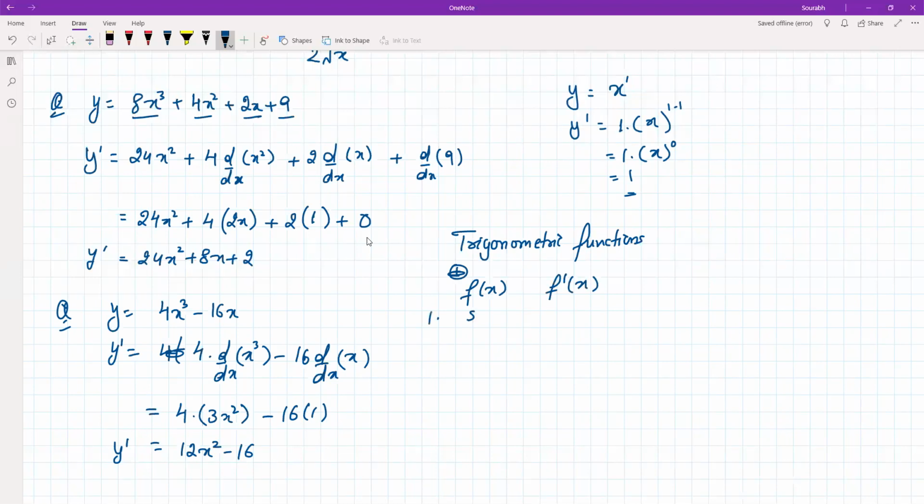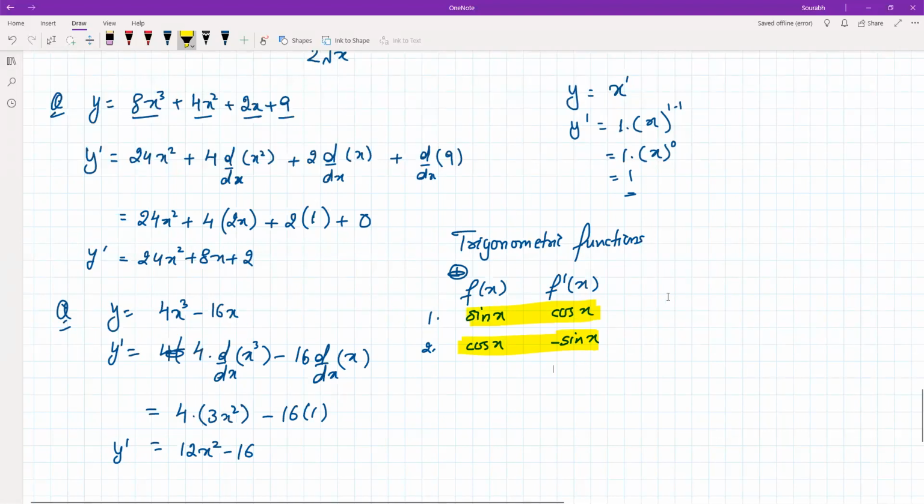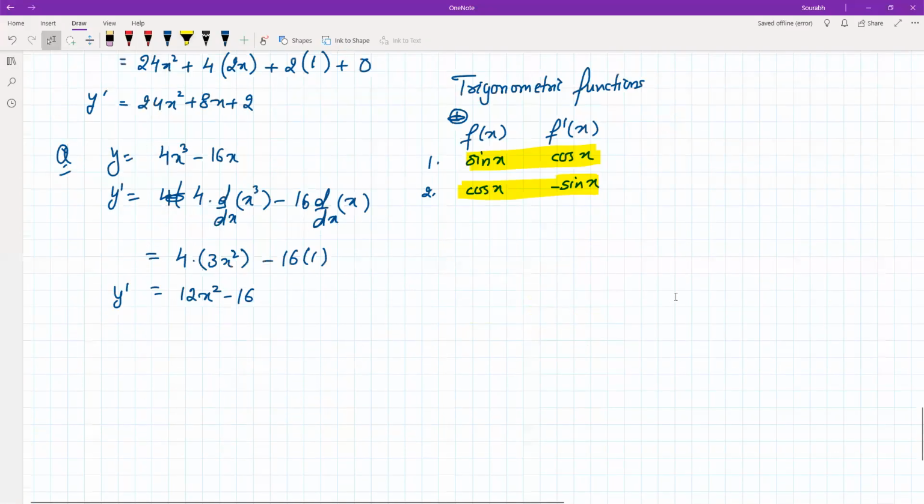So first, if it is sin x, its differentiation will be cos x. If it is cos x, its differentiation will be minus sin x. And I'll leave it here only for the time being, and then we'll complete this after some time. Is it clear? These two functions: sin x differentiation is cos x and cos x differentiation is minus sin x.